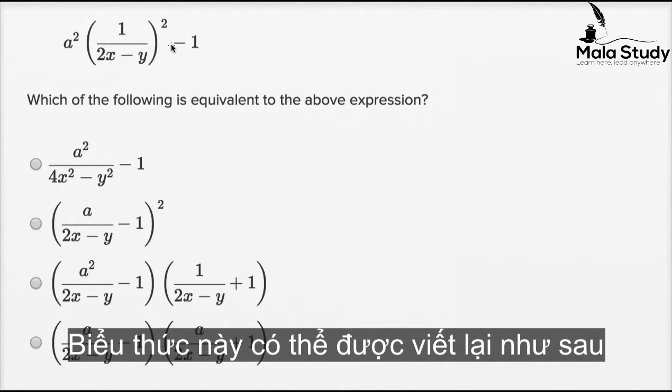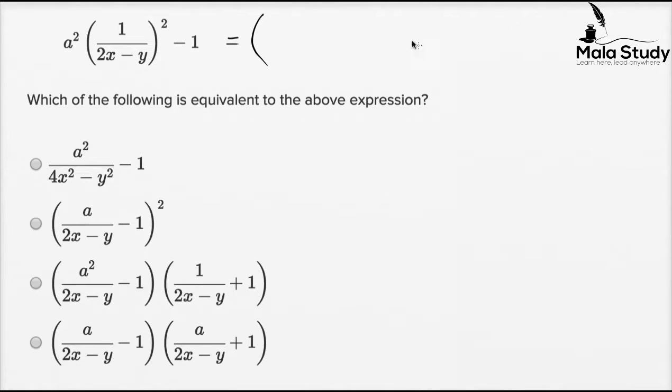actually is a difference of squares. This part could be rewritten as a times 1 over 2x minus y, and all of that squared.